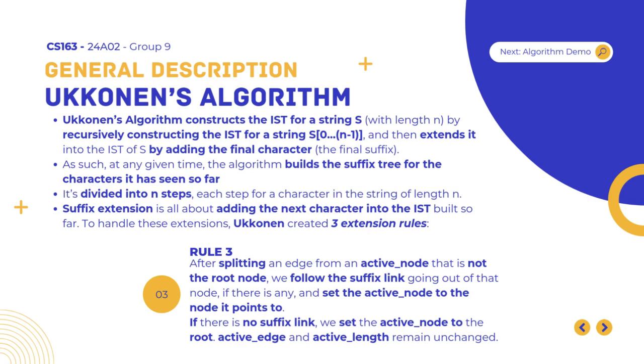So basically, the suffix link acts as a highway from one node to another, so that we can move to the position that we want to insert easily. If there is no suffix link, which means there is no highway, we just go back to the root. This only changes the active node, so the active edge and the active length remain unchanged in the process. And that's all. Those are the 3 rules of Ukkonen's algorithm.